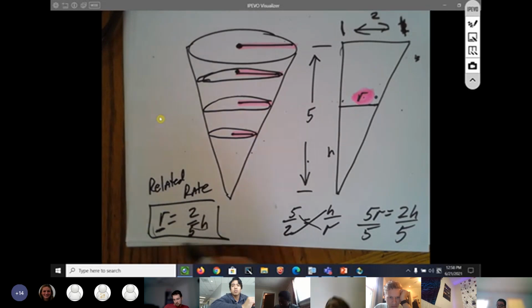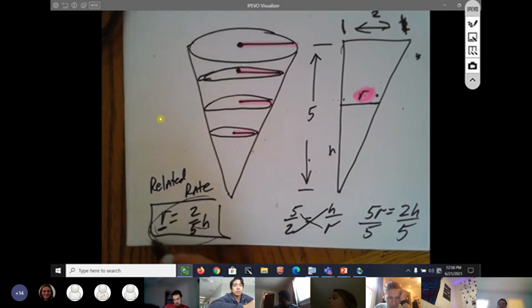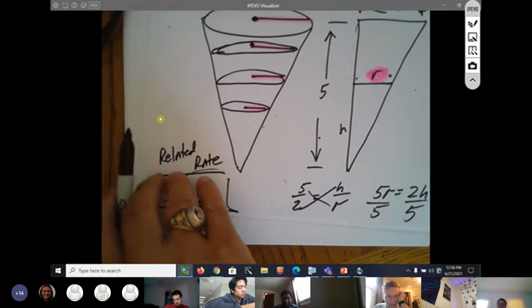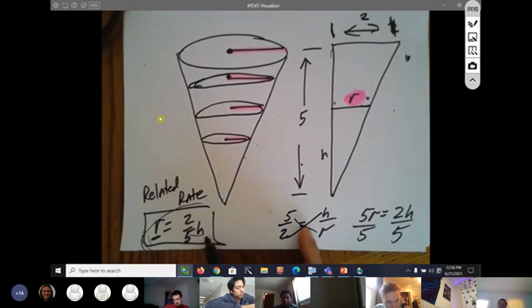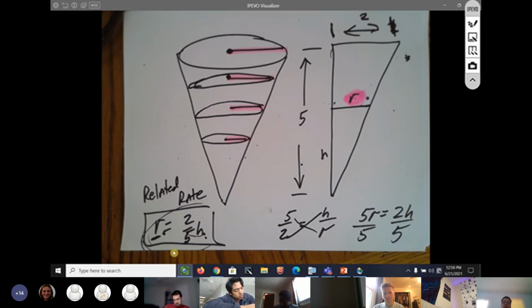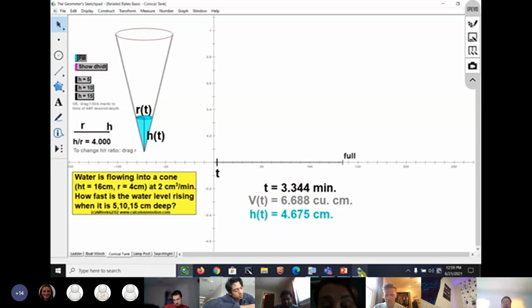This right here is what you're going to plug into your derivative or your function, because this is changing. As the height changes, the radius changes. Capiche? You're welcome.